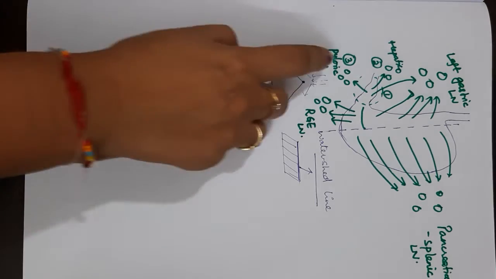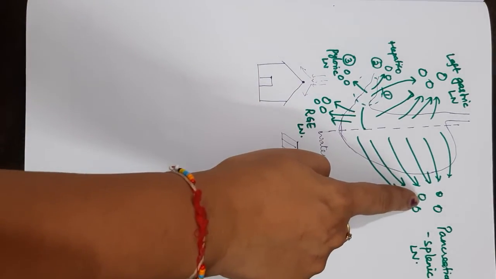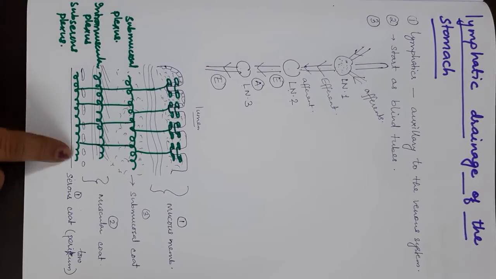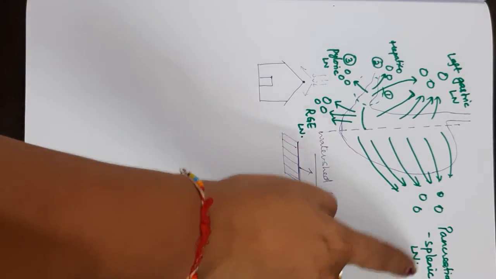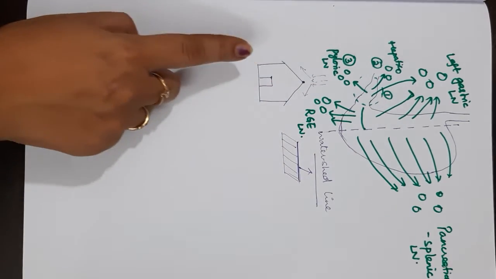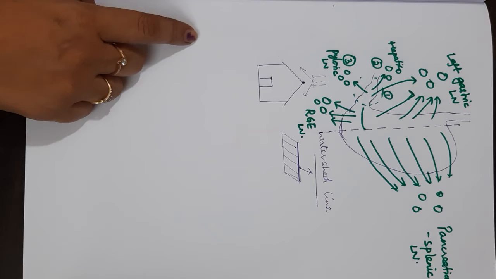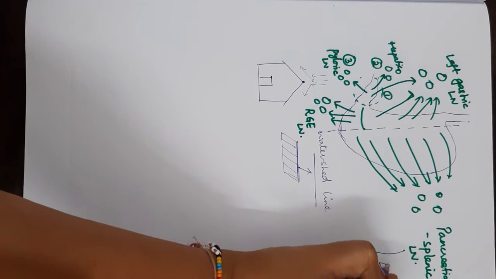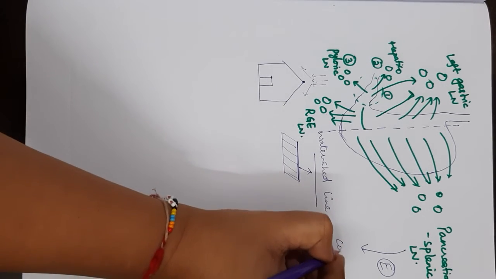Now all these lymph nodes get their afferents from the subserous plexus, and the efferents from the pancreaticosplenic, the left gastric, the right gastroepiploic, hepatic and pyloric groups all drain in the celiac group of lymph nodes.